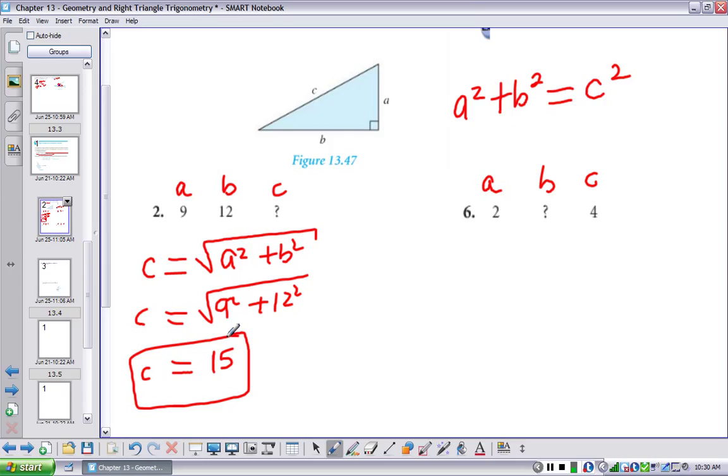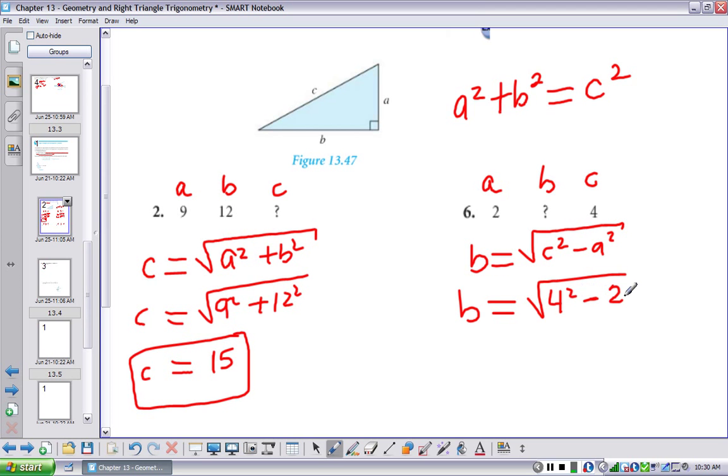Now number 6, we're finding B. So B is the square root of C squared, and when I take my A squared over, it becomes a negative. So B equals the square root of C squared, which is 4 squared, minus 2 squared.